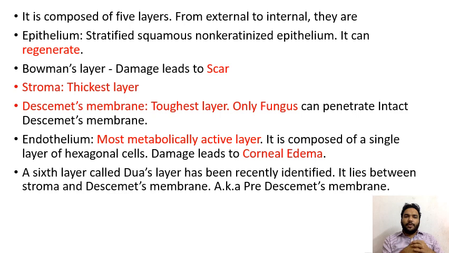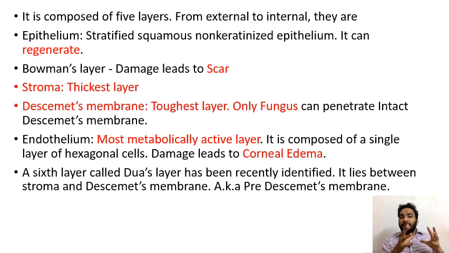And coming to the fourth layer, that's the Descemet's layer. It's the toughest layer. Only fungus can penetrate intact Descemet's membrane. I will describe all these fungal corneal ulcers, why it's immobile and why it is a non-sterile ulcer, because the fungus can penetrate Descemet's membrane, whereas other organisms cannot.